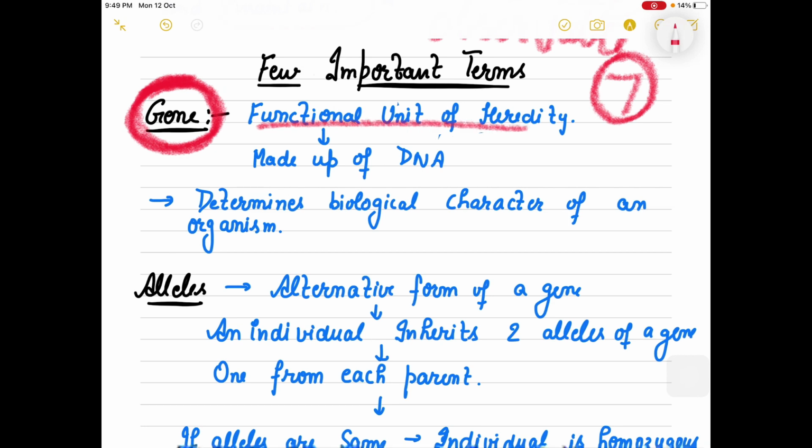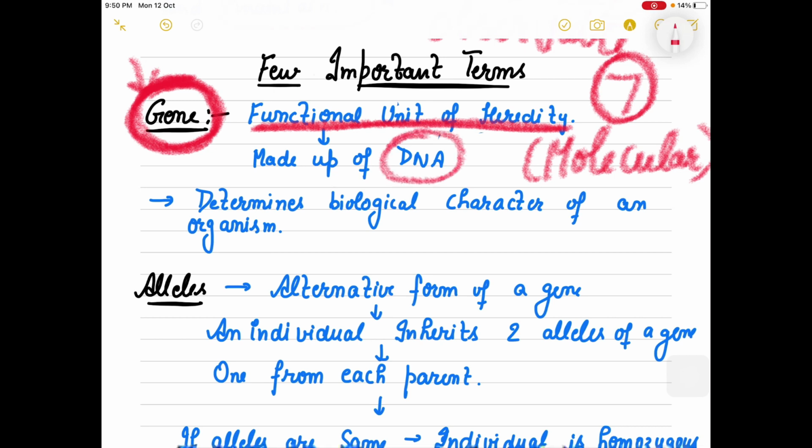It is a functional unit of heredity, because it is the one through which characters are transferred. At the molecular level, if I ask how a gene looks in the body, it is made up of DNA and proteins. So basically, it is a segment of DNA.